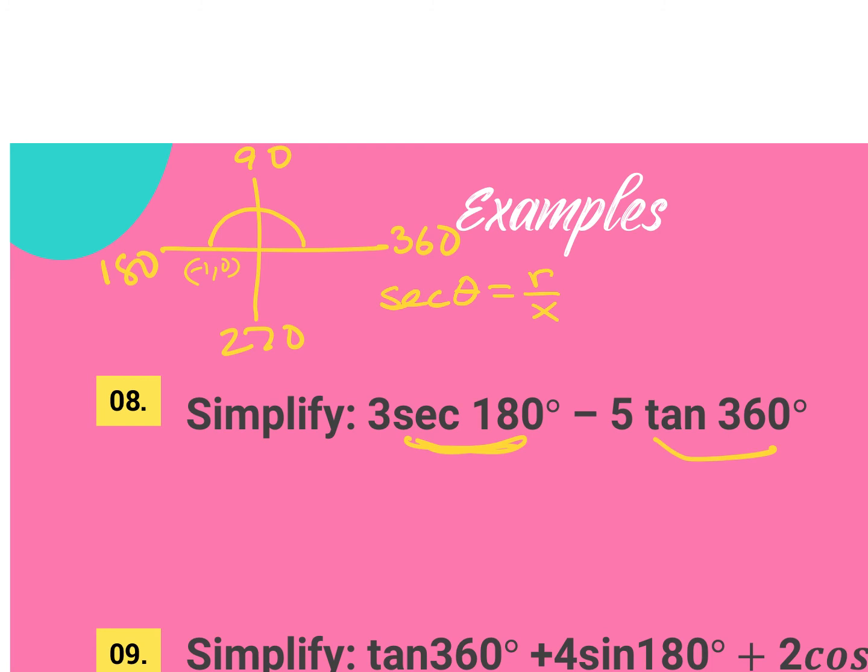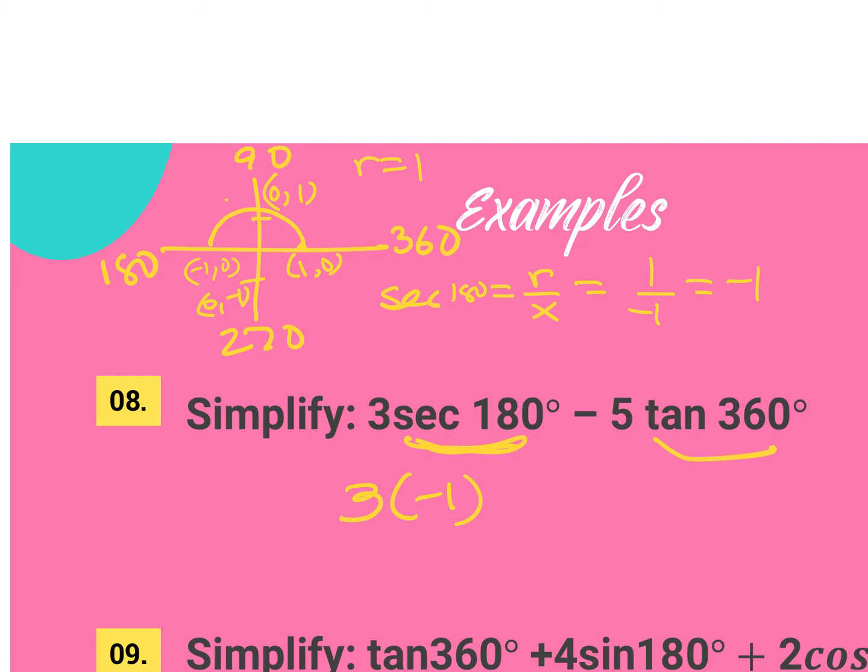Remember, whenever you use the 4 points here, the 0, 1, the 1, 0, or the 0, -1, the r value is always 1. So I'm going to put this in here, 1 over, and I'm using -1. So the secant of 180 is going to be -1. So I'm going to come here, 3 times -1.